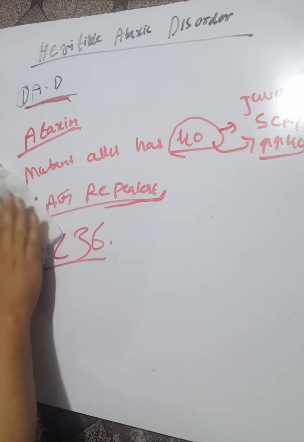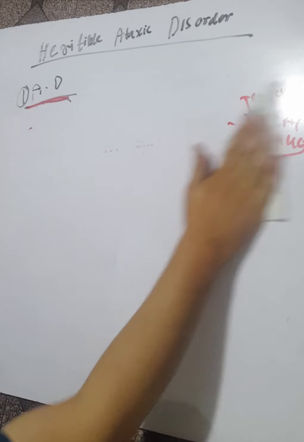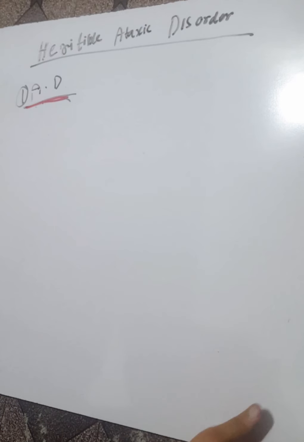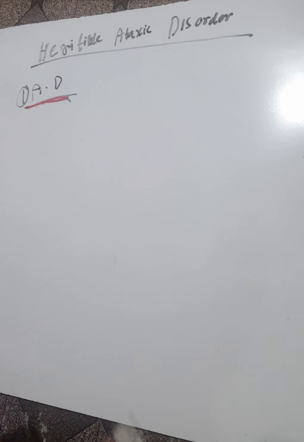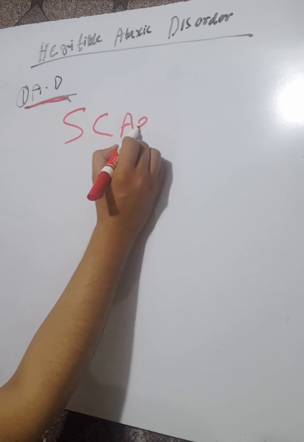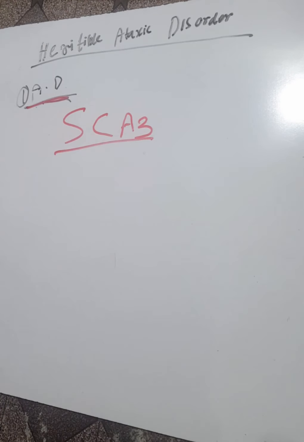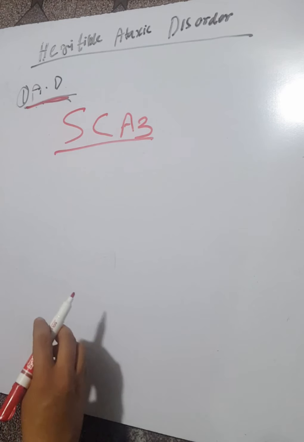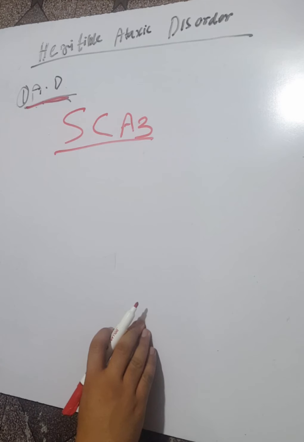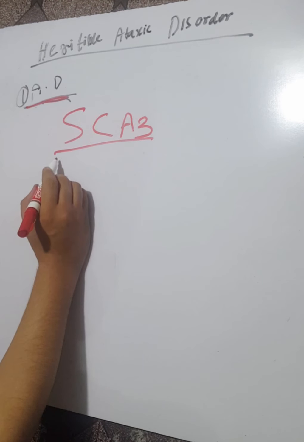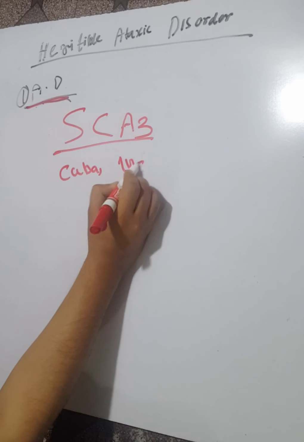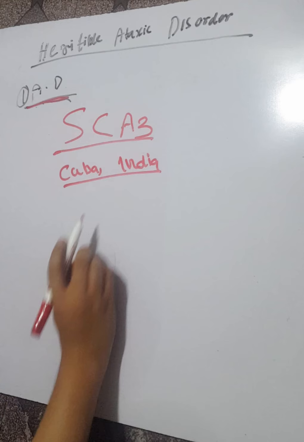Now we will discuss the other spinocerebellar disease that is autosomal dominant in origin, that is SCA3. SCA3 is mainly present in the Cuba and India populations.